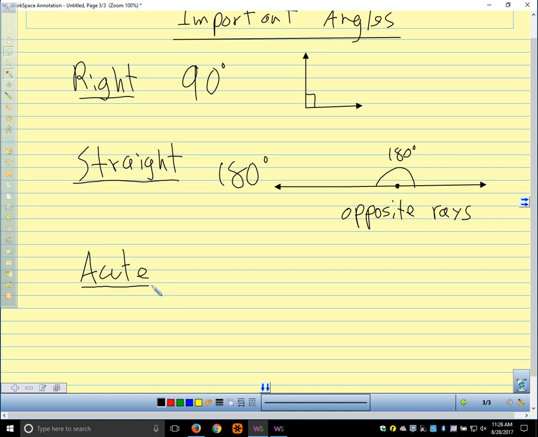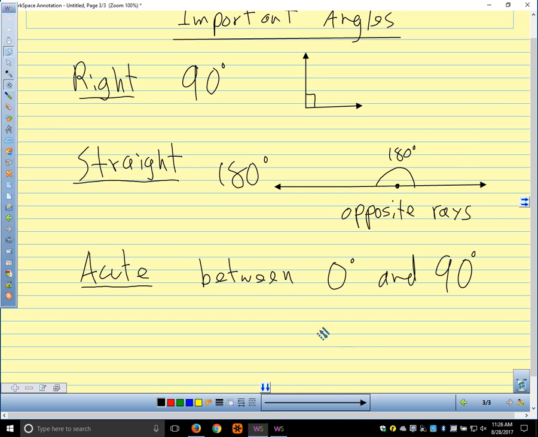How about negative angles? Would a negative 200-degree angle be acute? It's an angle between 0 and 90 degrees. And we usually think of acute angles as small angles, like that.